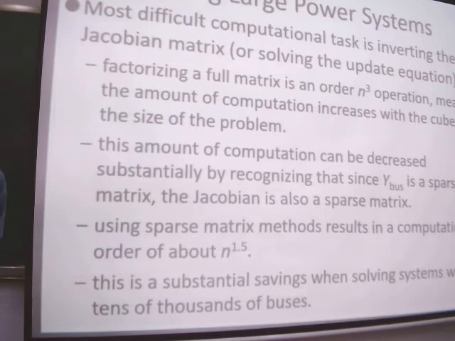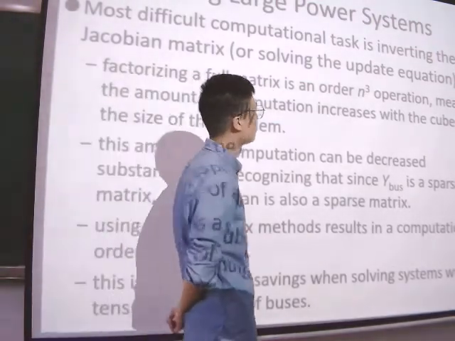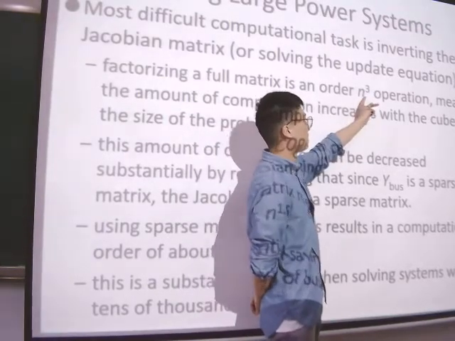And finally, if we need to solve large power systems, the most difficult or key task is inverting the Jacobi matrix. Factorizing a full matrix is an order n cubed operation.